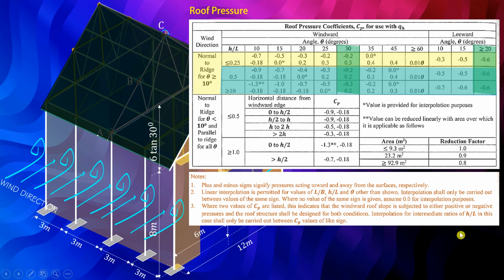We can see again in the notes that linear interpolation is permitted for values of L over B and H over L. Interpolation shall only be carried out between the values of the same sign. So if we consider negative 0.2, then the one paired with it should be negative 0.3. Where no value of the same sign is given, assume 0.0 for interpolation purposes.